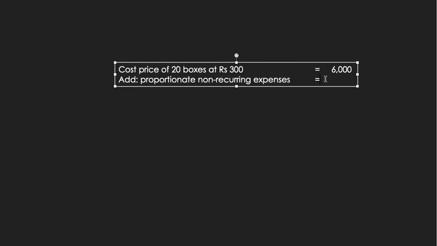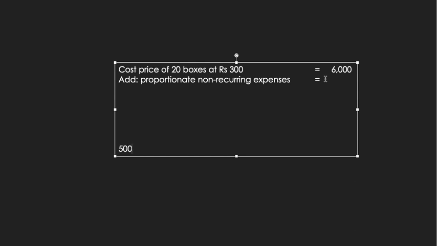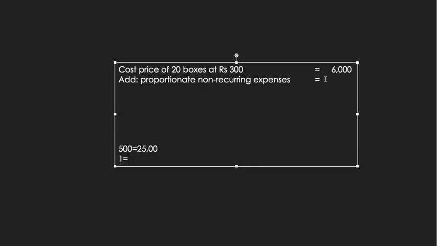And after that we are going to add the proportionate non-recurring expenses. If we see from the problem, how much is he spending? 2,500 as non-recurring expenses on 500 boxes. Now for 500 boxes he is spending how much? 2,500, right? Now when I talk about one box, how much will he spend? 2,500 divided by 500, right?